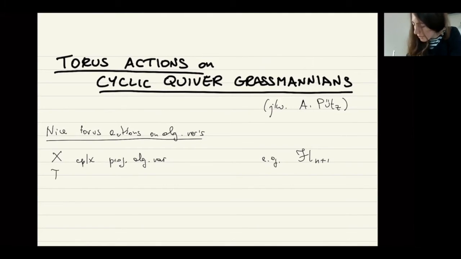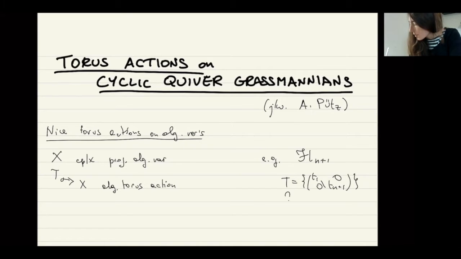Now I want some algebraic torus to act on it. In this case, what I have in mind is the action of diagonal invertible matrices inside GL_{n+1}.